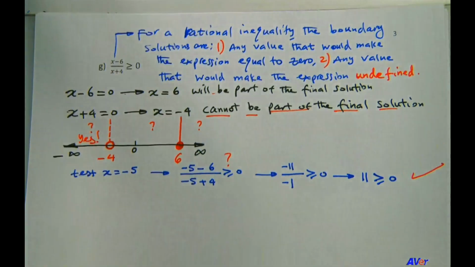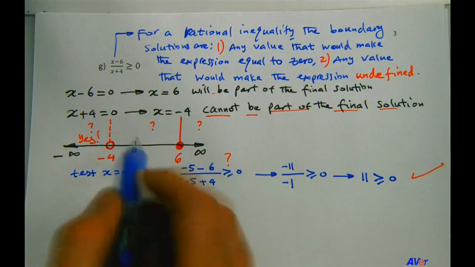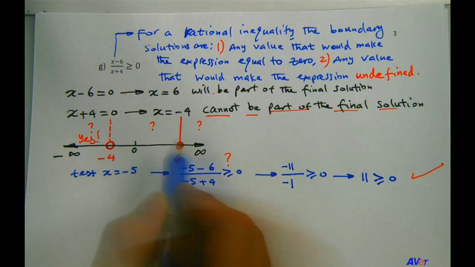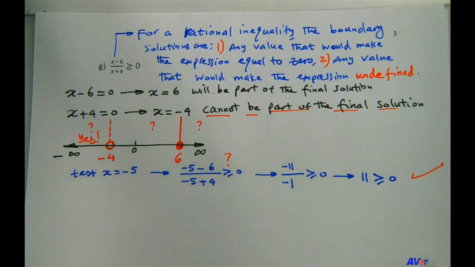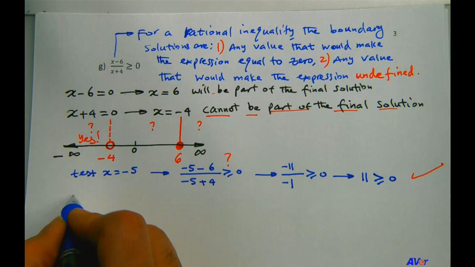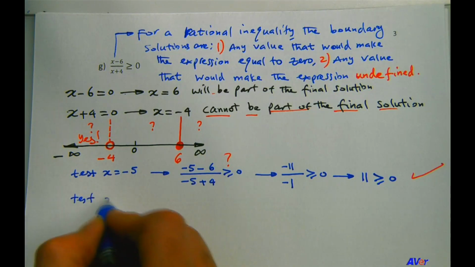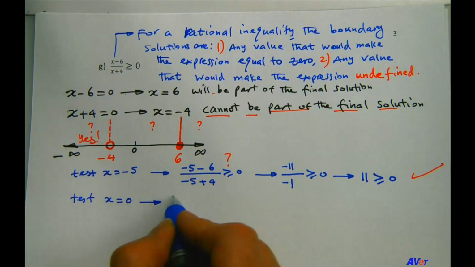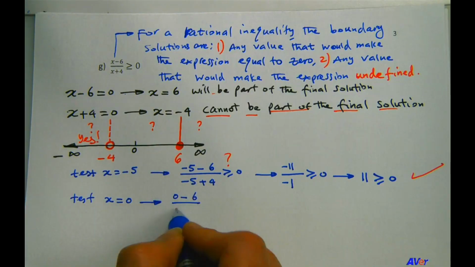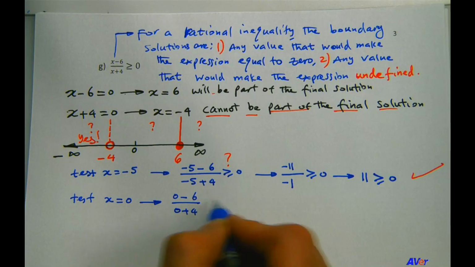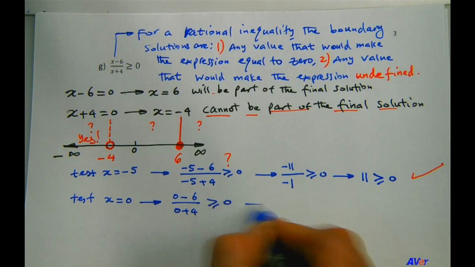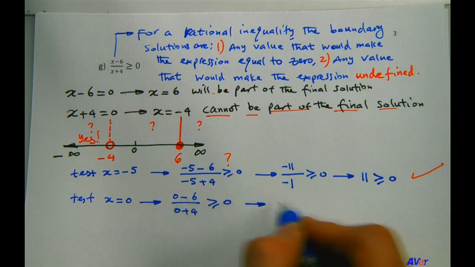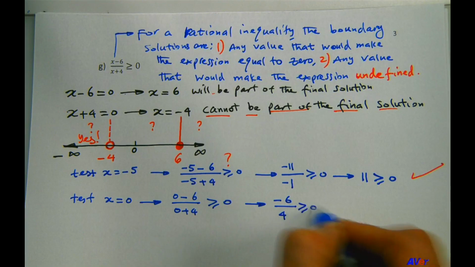Okay. So let's test some value between -4 and 6, and 0 seems to be the easiest one. So test x equals 0. We're going to plug 0 in there, right? 0 minus 6 divided by 0 plus 4 greater than or equal to 0. So that'll be minus 6 divided by positive 4 greater than or equal to 0.